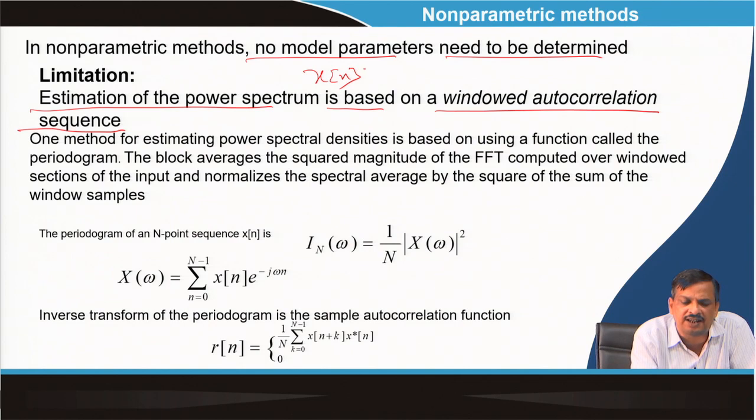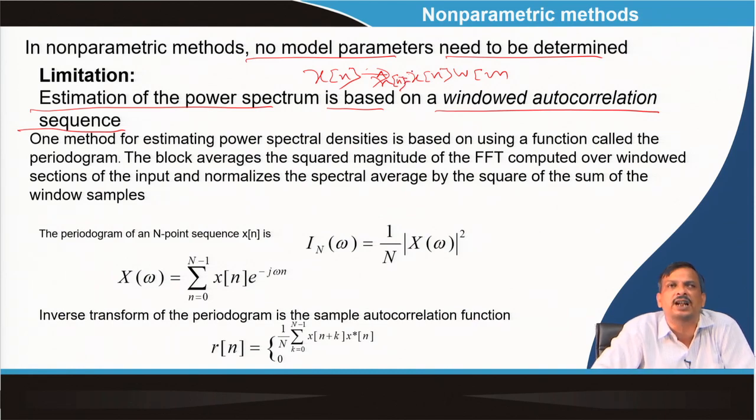I directly take the evidence of x of n by using a window function, so a finite length of x of n. So, x cap n represents that finite-length, or sampled, version of x of n using a window function. So, I am using windowed autocorrelation.